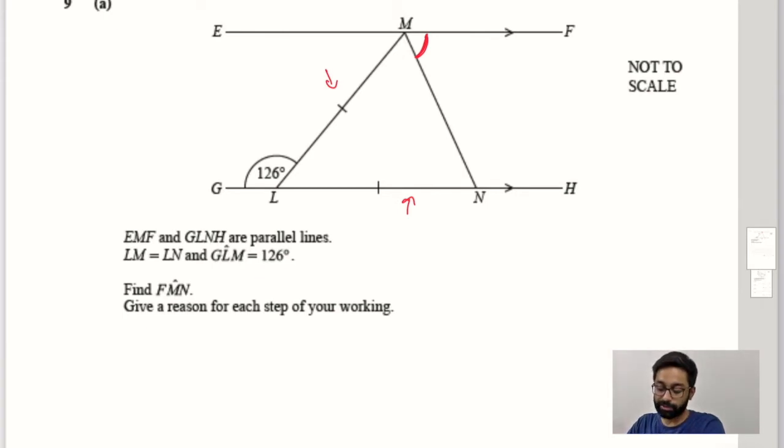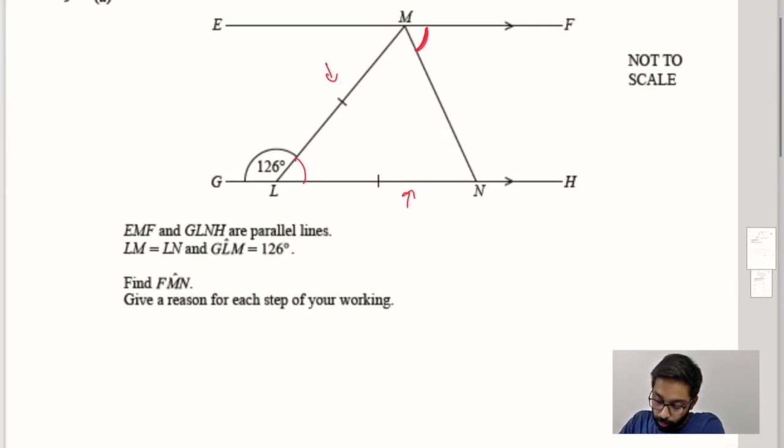The first step is, of course, they've only given us one angle. That means we need to find this angle inside the triangle. How we can find this is if we subtract 126 degrees from 180 degrees, we'll get MLN.